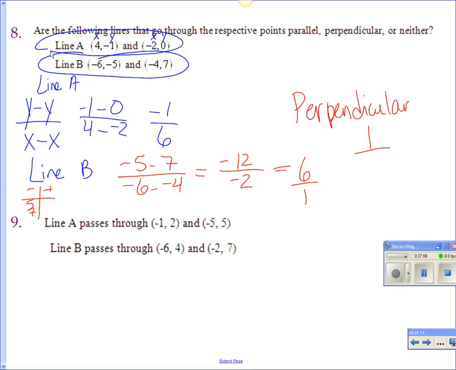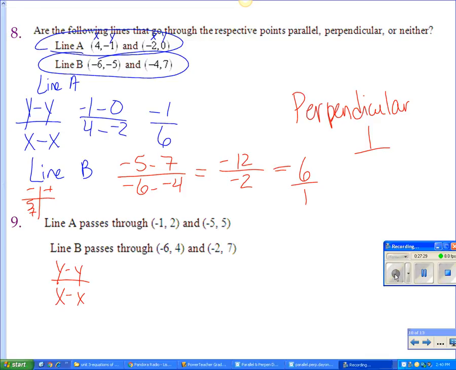Okay. Number 9. Bishop, what formula am I going to use with these 2 points? This formula. Y minus y over x minus x. All right. I'm going to give everybody a minute. Okay.